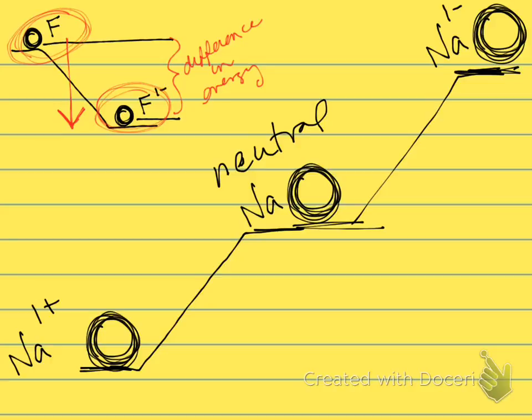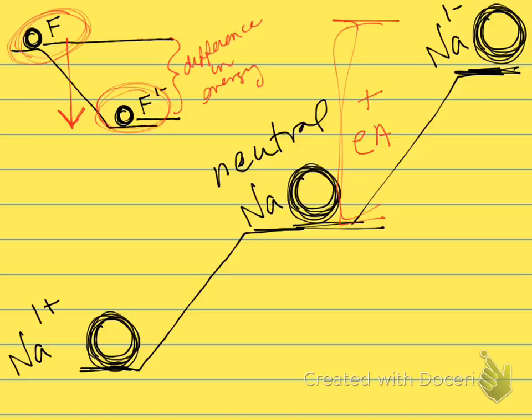We would consider this change in energy to be a positive electron affinity. This would be a positive EA. It's totally unstable. It's not going to stay there. The second you let go, this is like holding an electron down onto a surface.